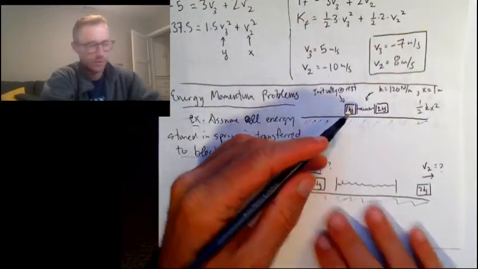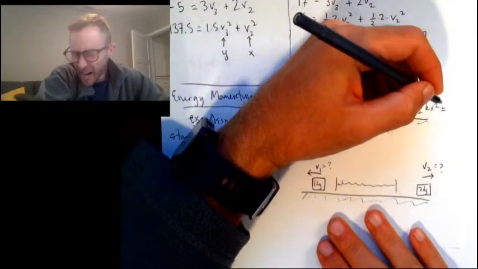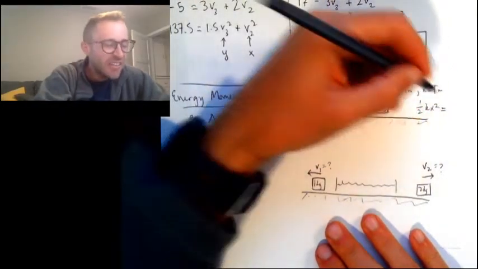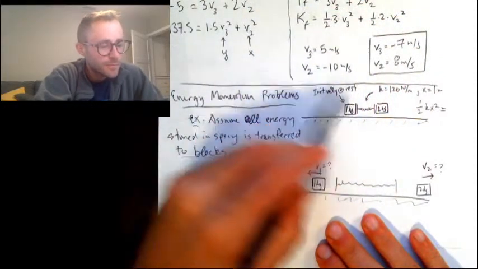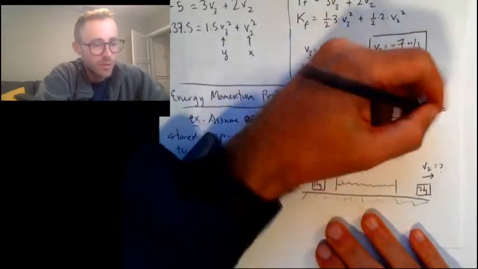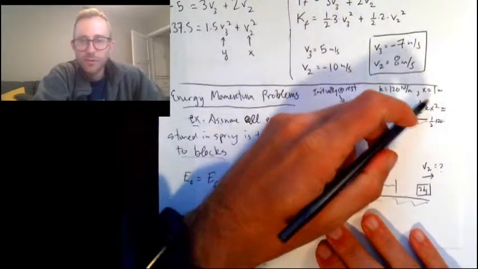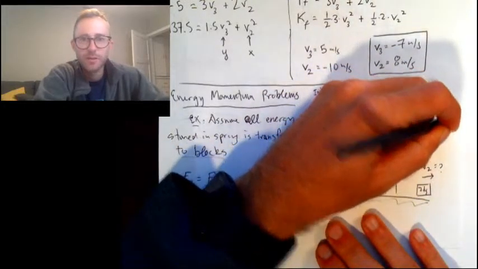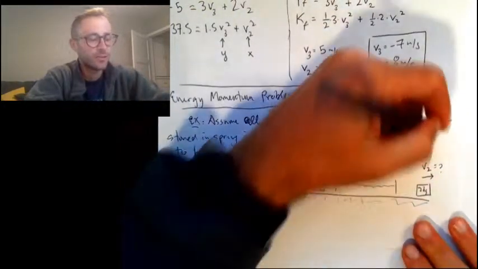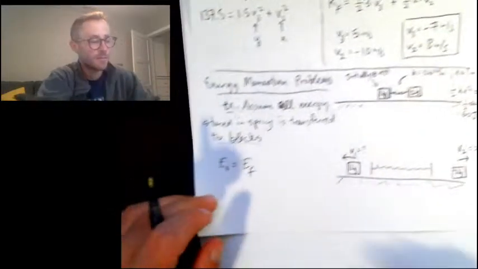Nothing was moving at first. If you work that out, it's going to be 1/2 times k, which is 120, times x squared, so times 1 squared. So that is 60 joules is the initial energy.